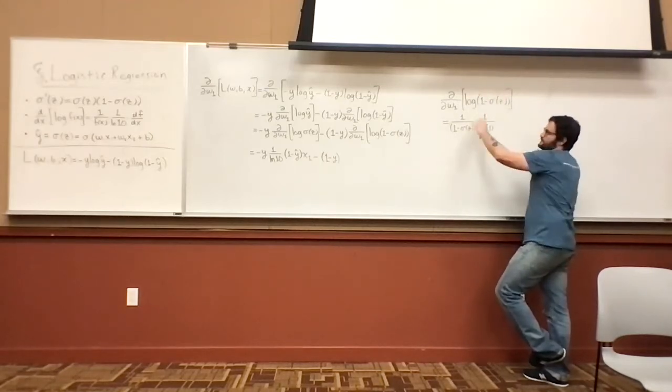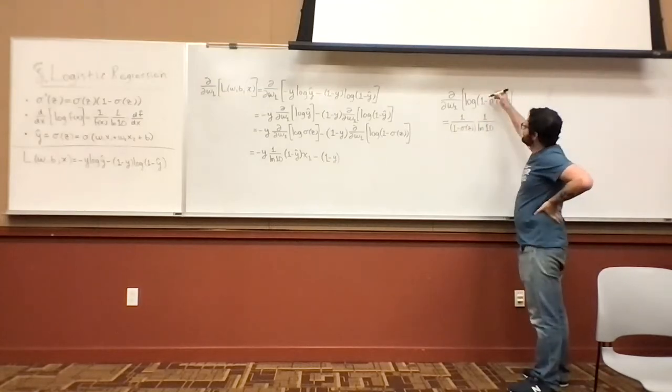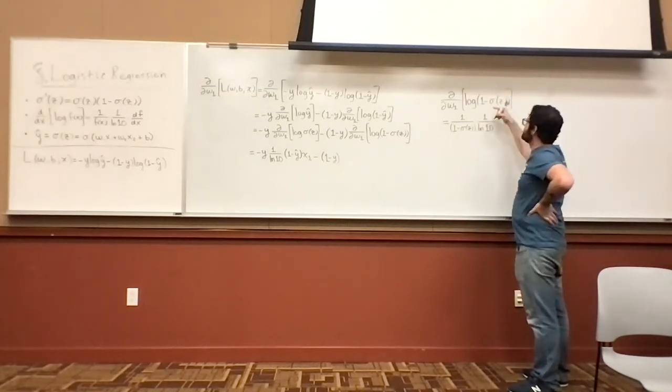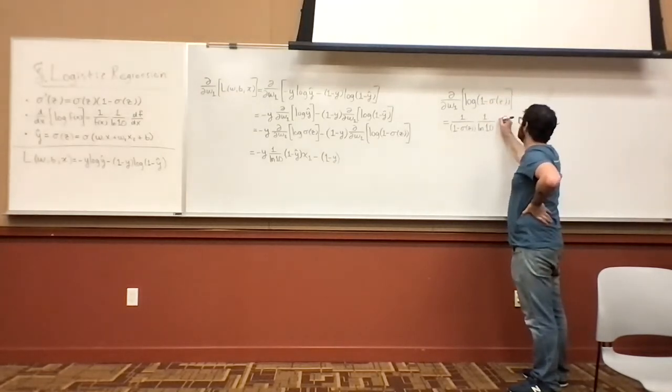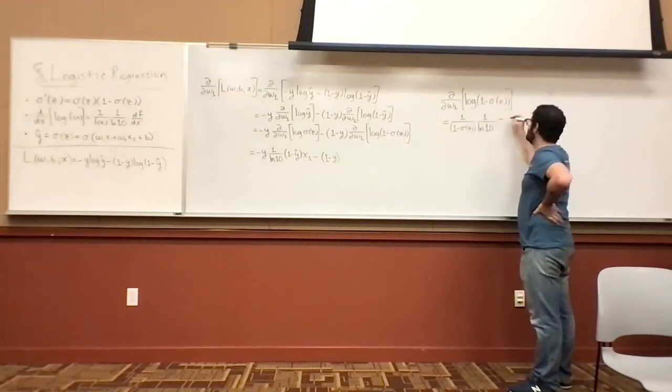Derivative of the outside is this business times the derivative of the inside. So when we take the derivative of the inside, that 1 just goes to 0, right? And we're just left with negative times the derivative of that. So negative the derivative of this. And we did that before, right? It's just this nice closed form.